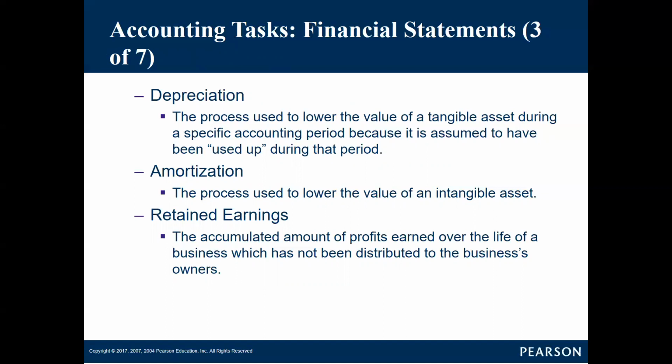Now, current liabilities are debts paid within a year. Long-term liabilities are debts typically paid longer than the next 12 months. Your retained earnings are the accumulated amounts of profits that are earned over the life of the hotel, which have not yet been distributed to its owners.